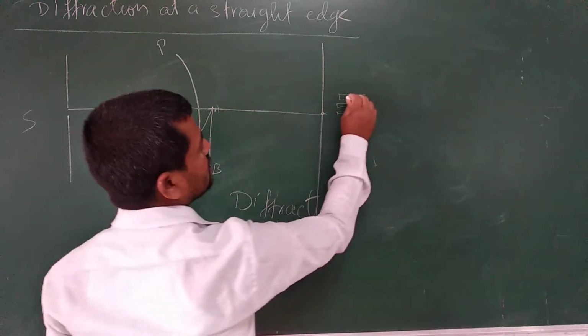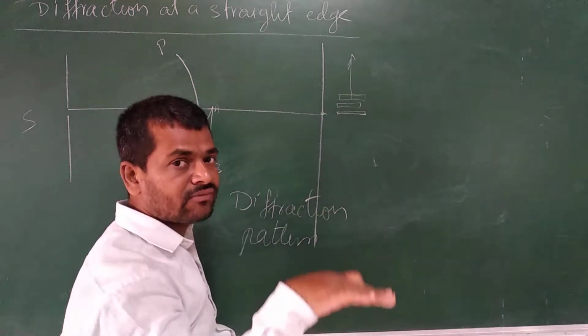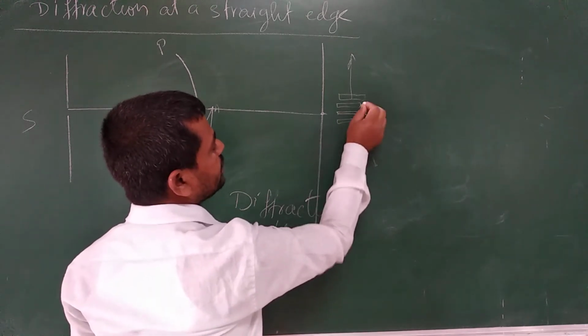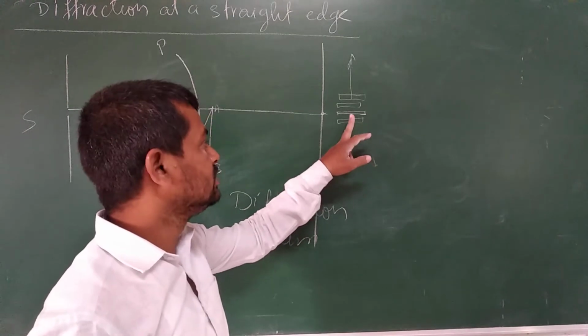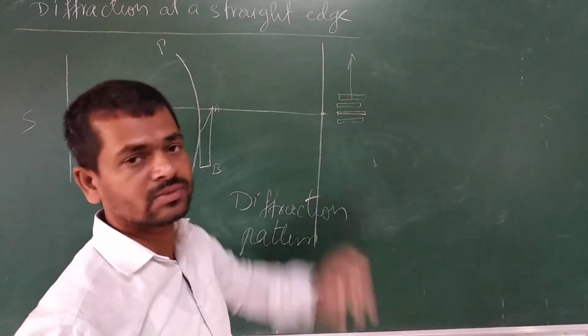Like this. And as we go in this direction, the intensity gradually falls down. On this side also you may find bands, we can observe them, but these bands have an intensity very much lower than this one. Why?